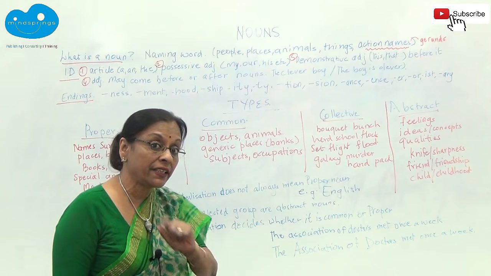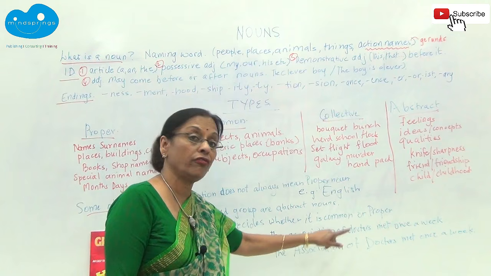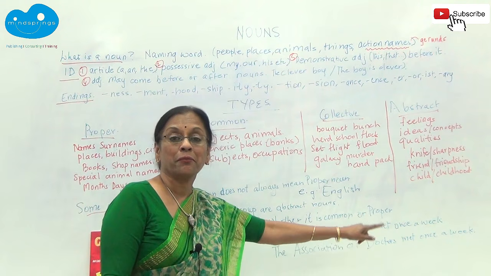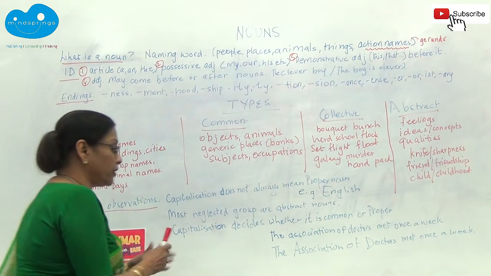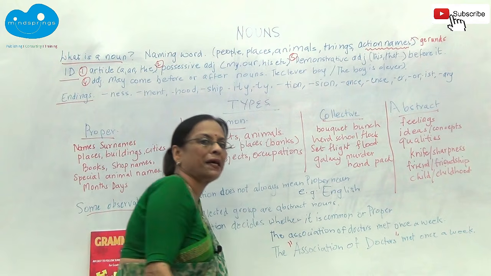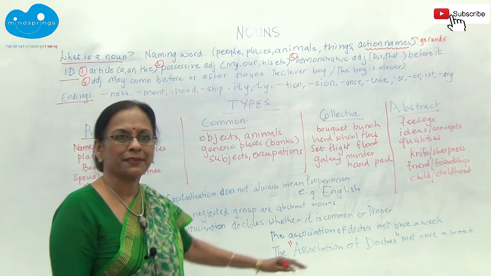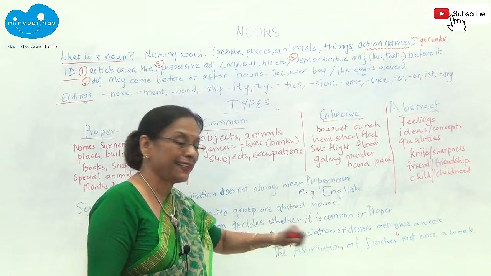But if I capitalize it and I say the capital Association of capital Doctors met once a week, then this Association of Doctors becomes a name. It's the name of the association, and therefore that is a proper noun.